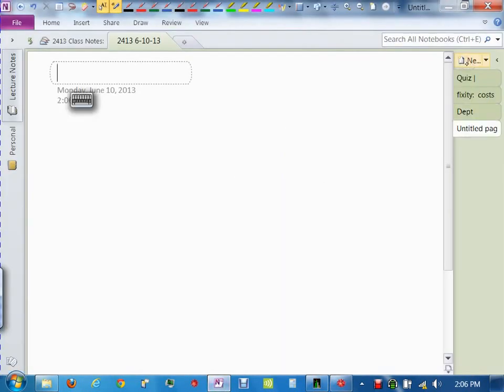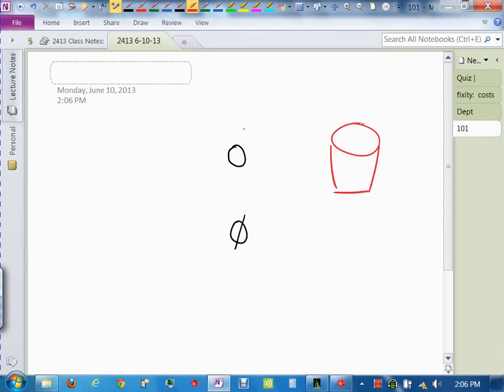Now, again, this is just a little side note for everyone here. Let's look at this. What's the difference between this and this? The top one is a number. It's the number 0. The bottom one is the set of nothing. So let's say I had a red basket sitting here, and inside of it, I put that. How many things are in that basket?